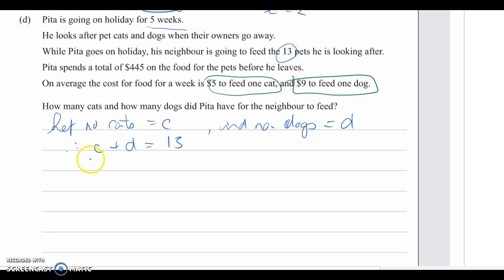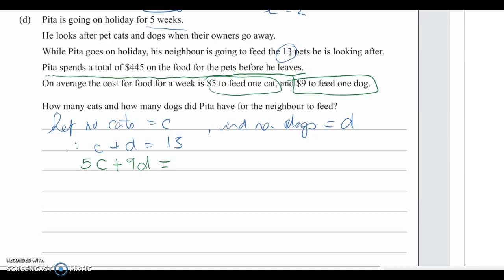So that sounds to me like for every one cat I have, it's going to cost $5, and that's the number of cats, plus the $9 for all the dogs. And now here's the thing. He spends a total of $445 on the food for the pets before he leaves.